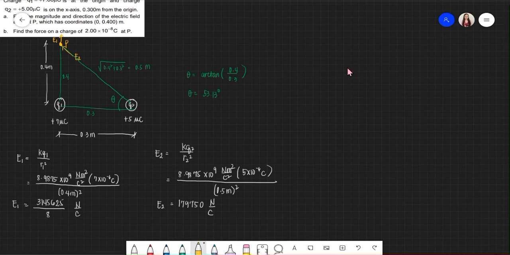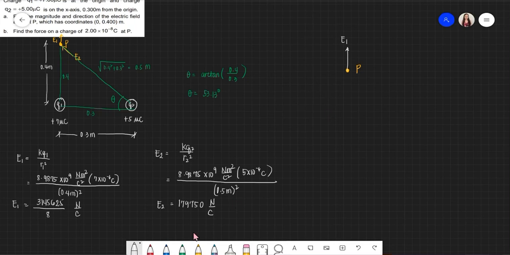So if this is point P here, we have this field, E1.